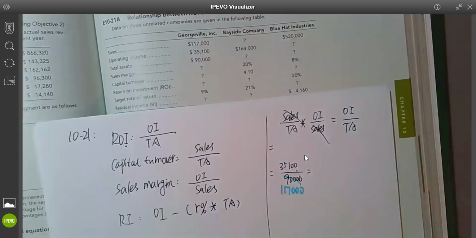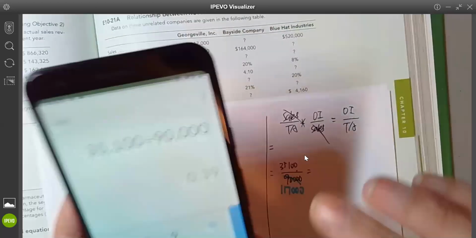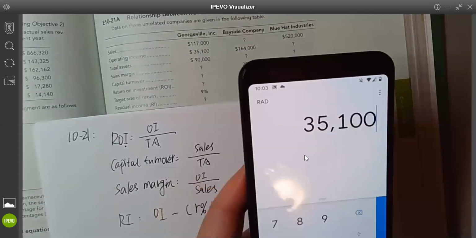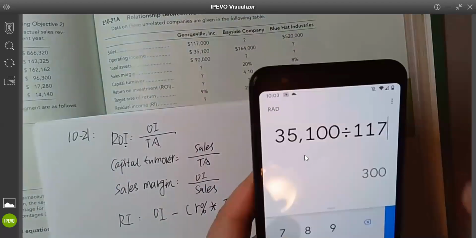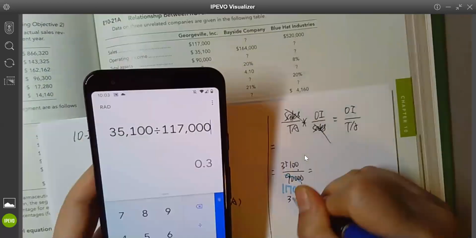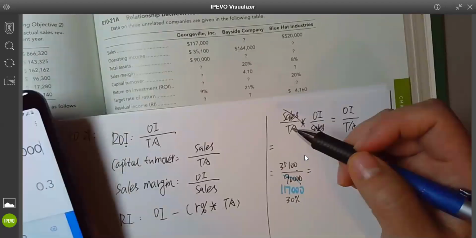Okay, so let's do it together one more time. 35,100 divided by sales, 117,000. So that gives me 30%. This is sales margin.